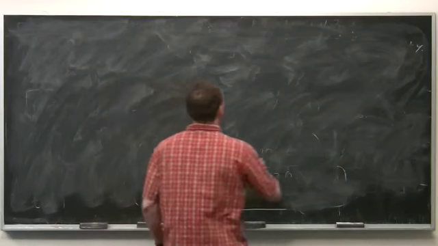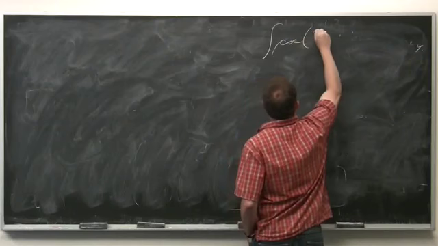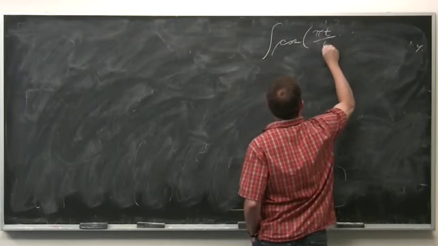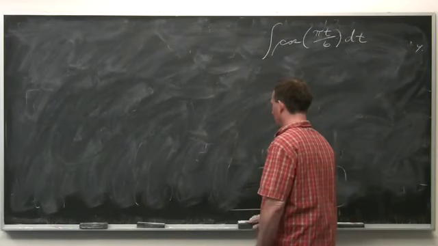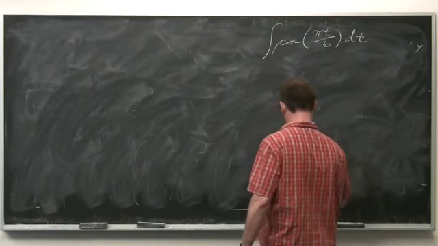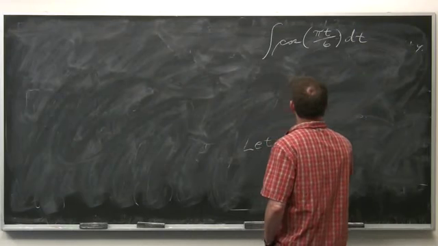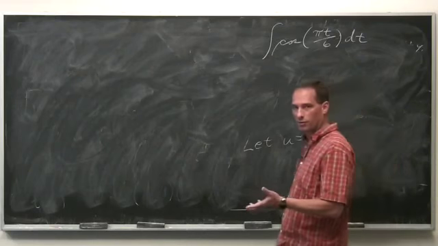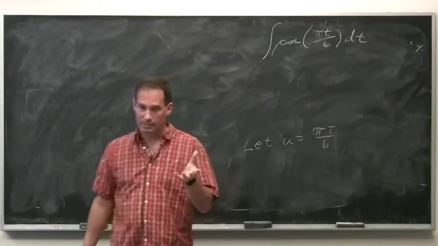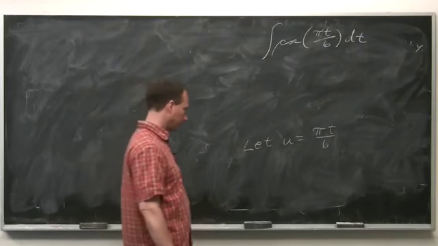So we need the integral of cosine of pi t over 6 dt. You make the substitution. You let u be pi t over 6. Right? You look at that and you see it's one function done to another function, and the inside function is just your variable times a constant.